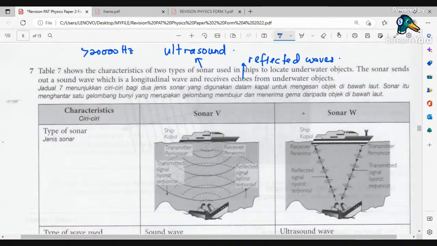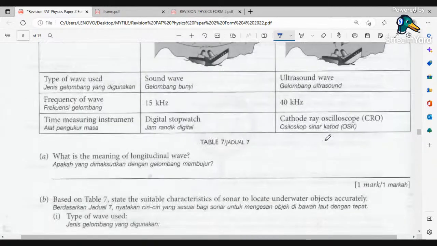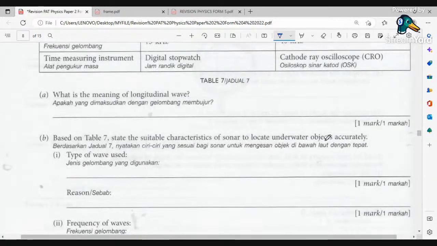If this one, sound wave, okay, longer wavelength, so it can easily lose its energy along the way. So we will use sonar W, higher frequency, very energetic, okay, can still receive at high amplitude by the receiver, so we can get the signal clearer.